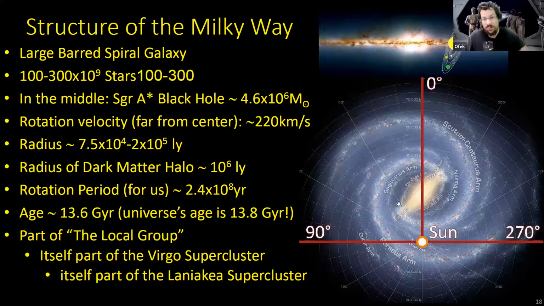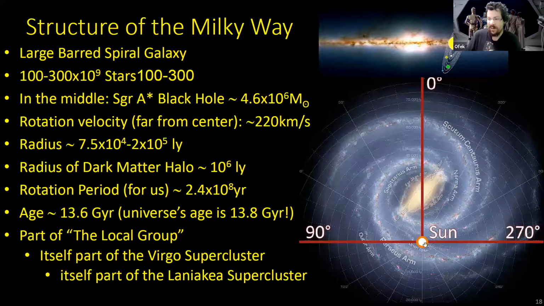This is only the stars, or what we see as baryonic matter. There's a dark matter halo. We'll talk about dark matter in 2 weeks, but there's a dark matter halo established in the last few decades to surround the Milky Way, and that extends up to 1 million light years away from the center.